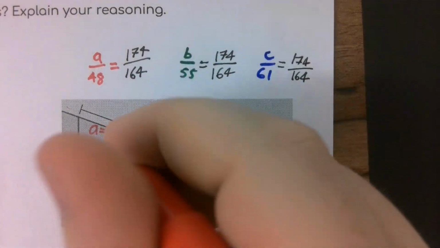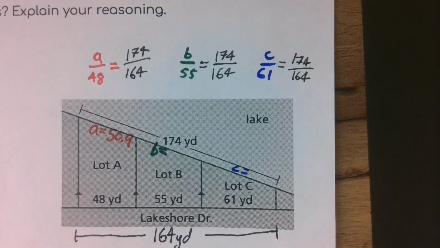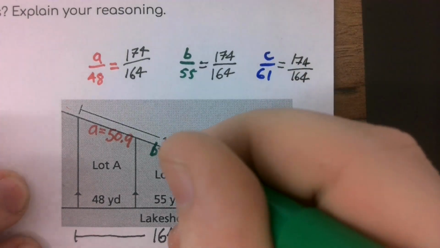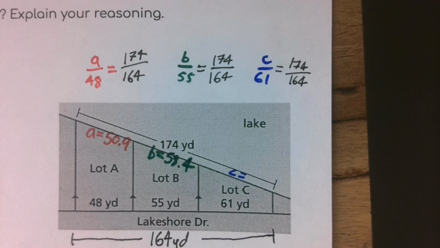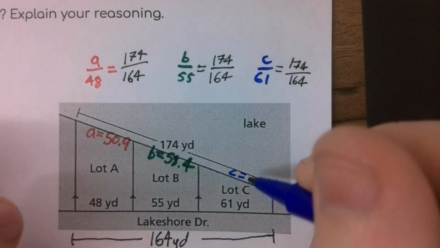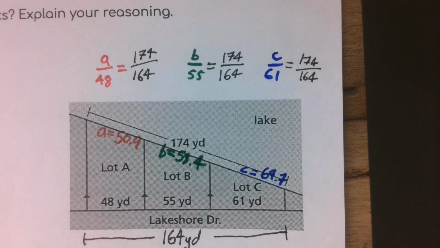So, when we actually do the calculations for these, I believe we get 50.9 for the first lot over there. I believe for the second lot here, we're going to get 58.4. And for the third lot over here, I believe we are going to get 64.7. That's part A.